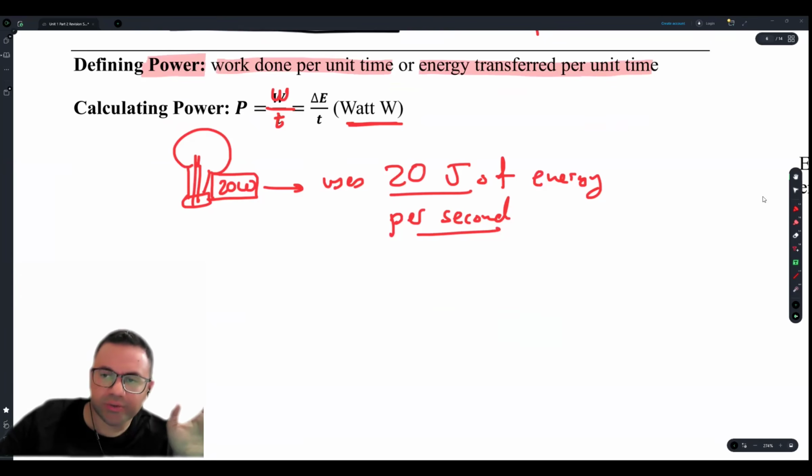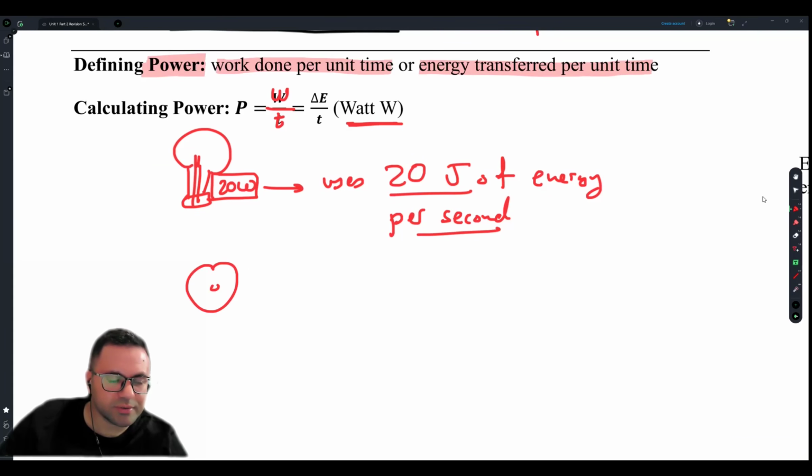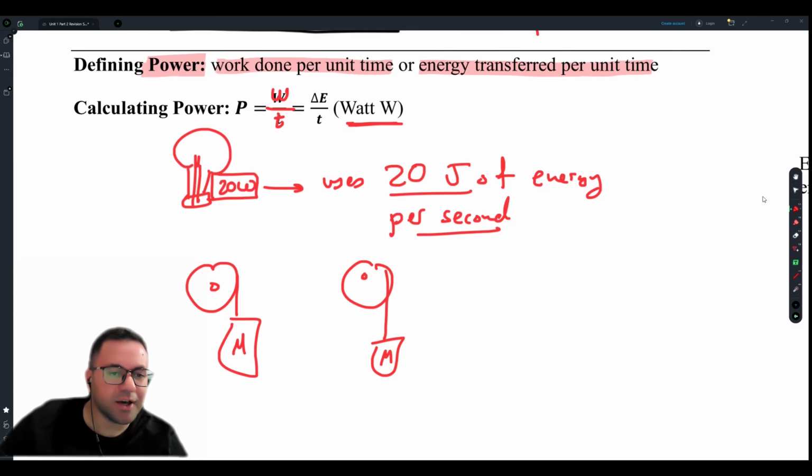By the way, if I ask you, you have two motors doing work, lifting an elevator, lifting the same mass up the same height, but elevator A takes 10 seconds, whereas elevator B takes 30 seconds.